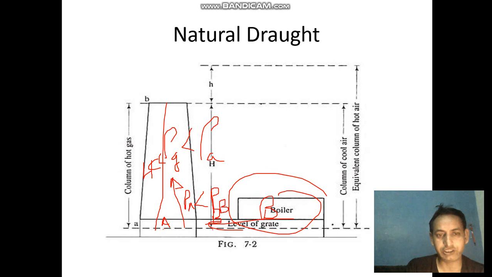As a result, the flow of flue gases takes place.